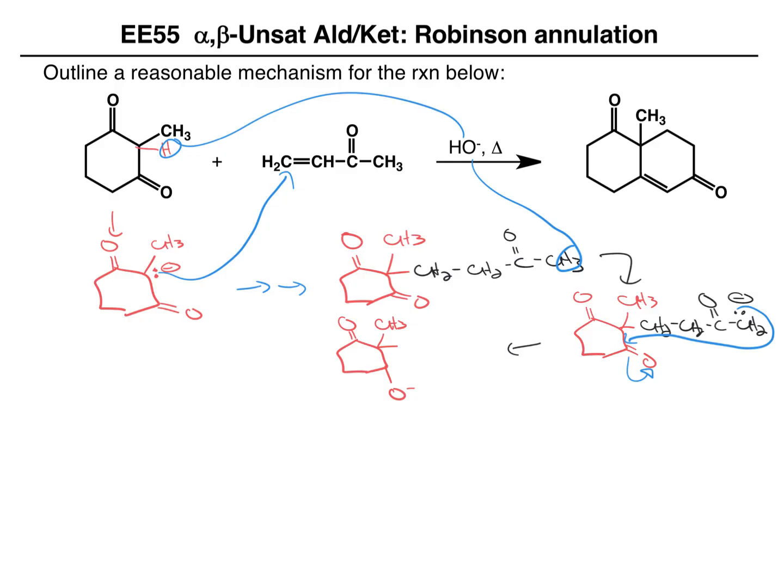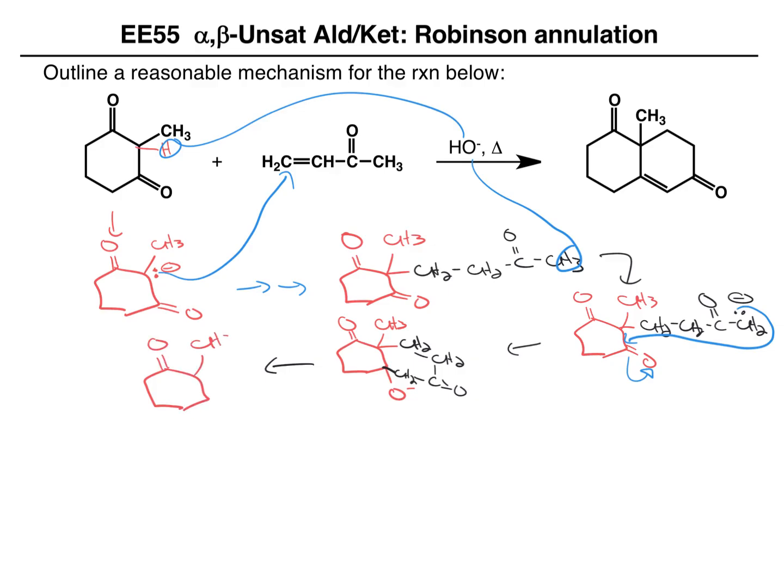Here we have a CH2 connected to a CH2, connected to a C double bond O, connected to a CH2, which is connected to what used to be the carbonyl carbon. Now the O minus can grab a proton.